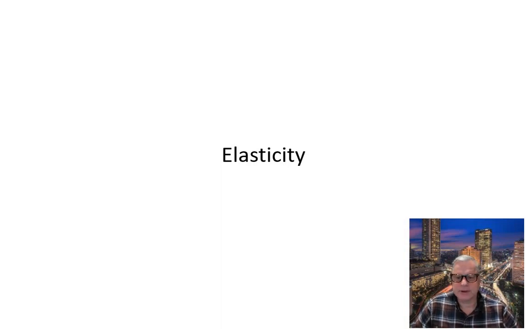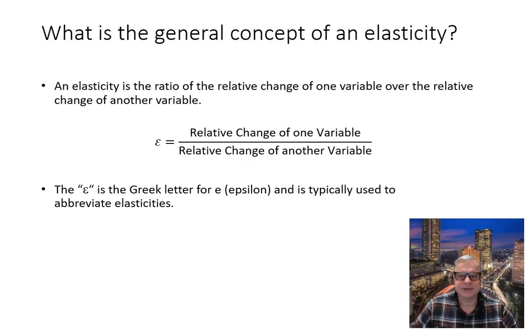Okay, so in this video we'll talk about elasticity, which is a very important concept in microeconomics. So in general terms, what is an elasticity? An elasticity is simply the ratio of the relative change of one variable over the relative change of another variable.